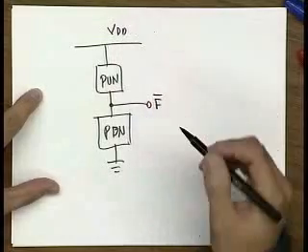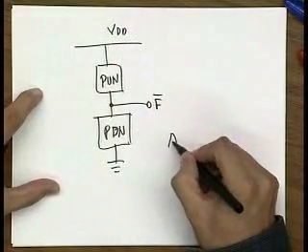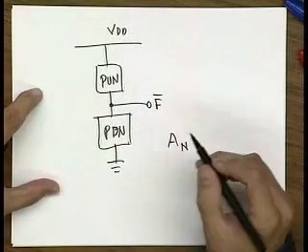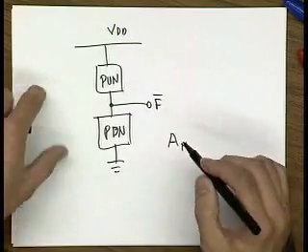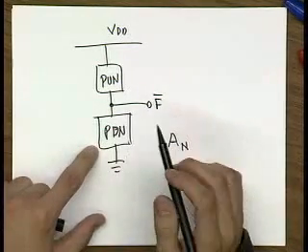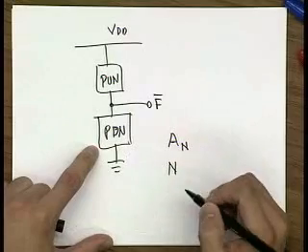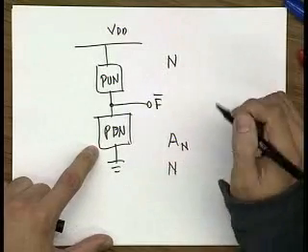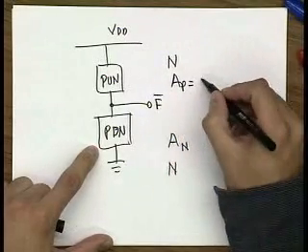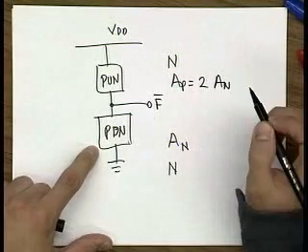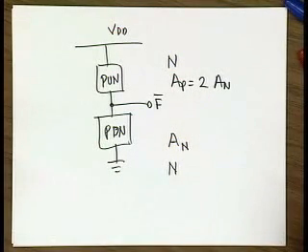This is VDD. So now you know that area, it takes you some area and a certain number of transistors to implement this function. For an N input function, you need N transistors here, you need N transistors here. So AP is 2 times AN, because PMOS transistors are worse at driving logic 0, approximately.